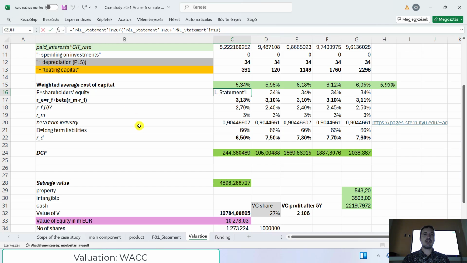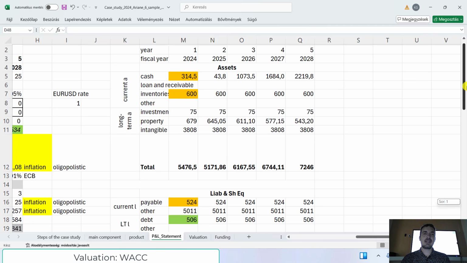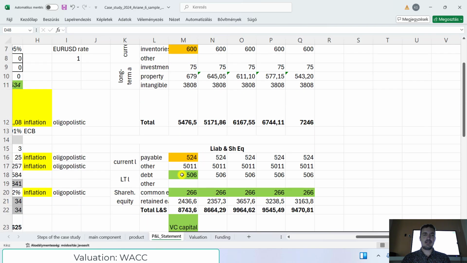Okay, so this is coming from M20 and M80. Let's see, are they referring to the right coordinates? M18, yes, M20, yes. And you can see that I was taking up a lot of debt to finance my slight losses.